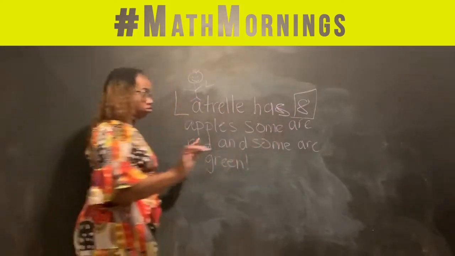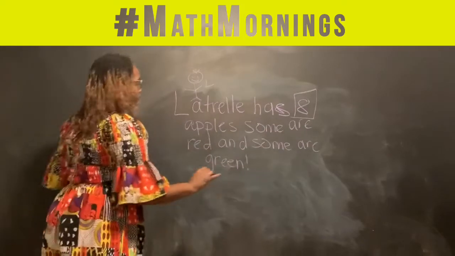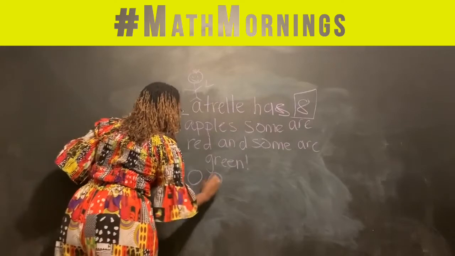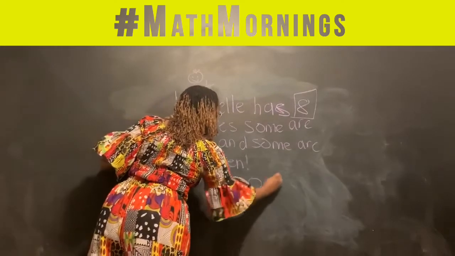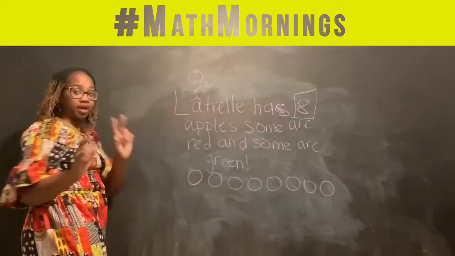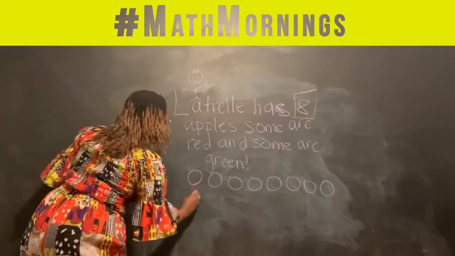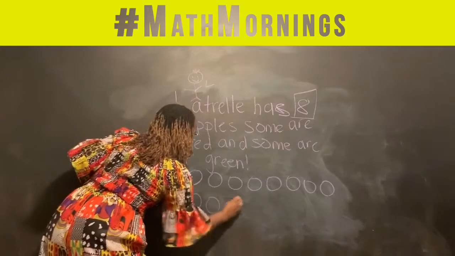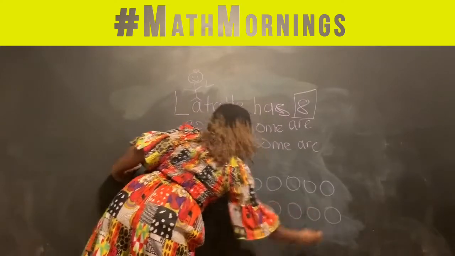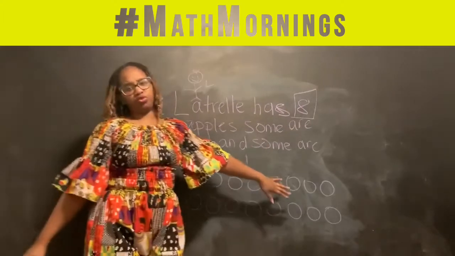So now what I want you to do is draw 8 apples. 1, 2, 3, 4, 5, 6, 7, 8. And I'm going to draw it twice because I'm going to show you 2 ways. 1, 2, 3, 4, 5, 6, 7, 8. Okay? So don't be fooled by my purple chalk.